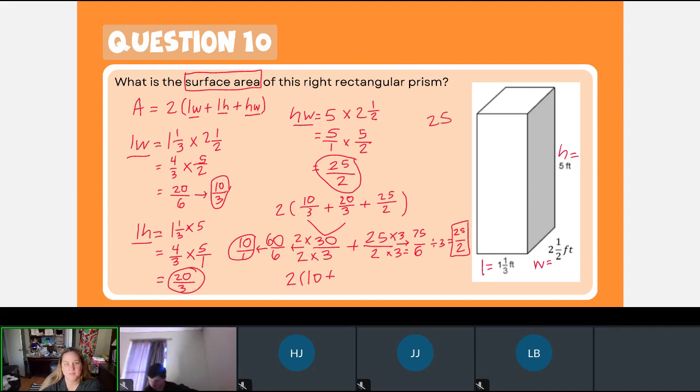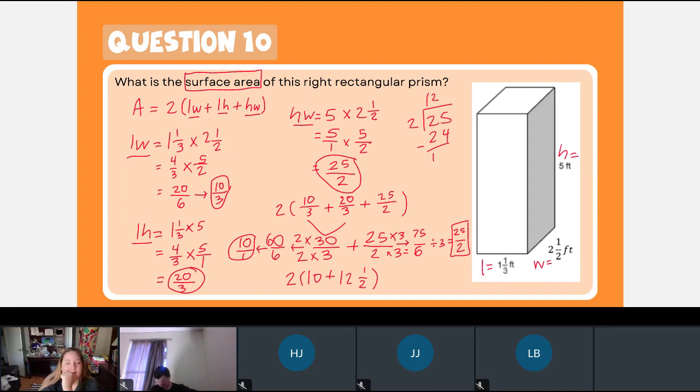So 25 divided by 2, I'm going to just do it up here real quick. How many times can 2 go into 25 without going over? Good, 12 times. And that would give you 24. When you subtract, you get 1 left over. So our mixed number would be 12 and 1 over 2, 12 and a half.